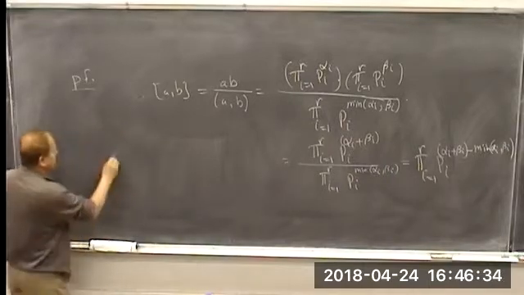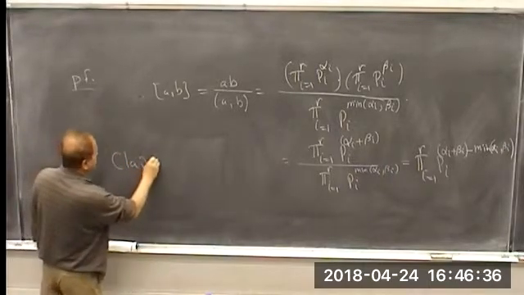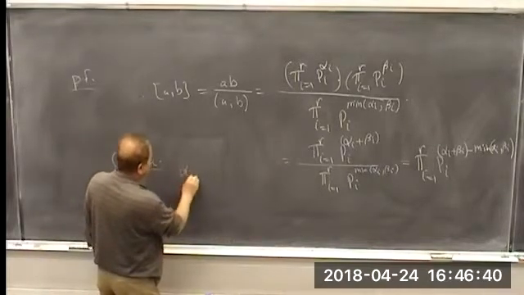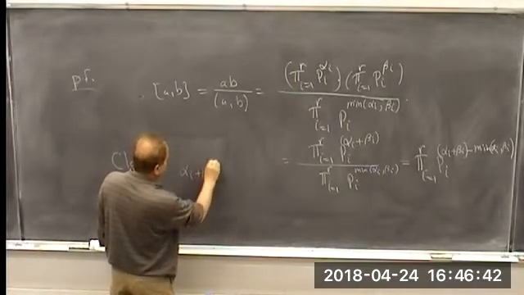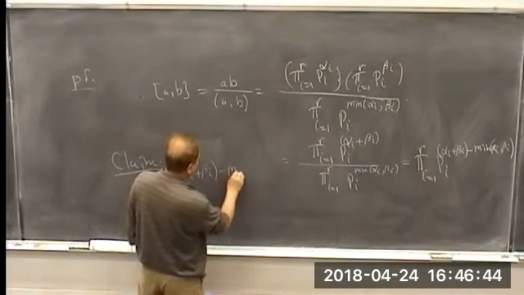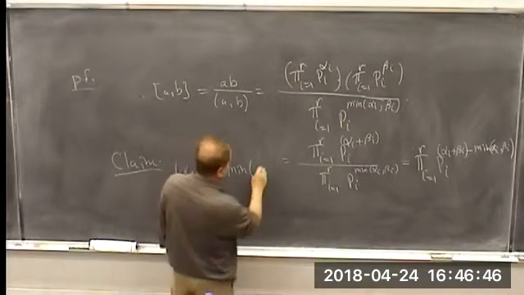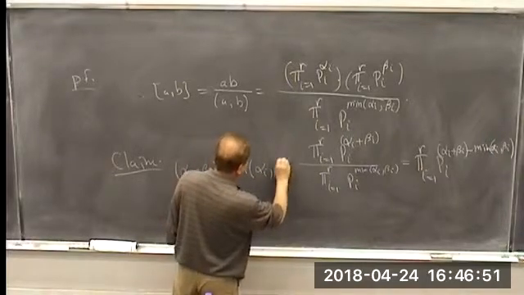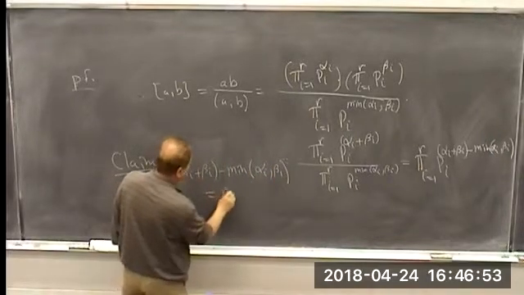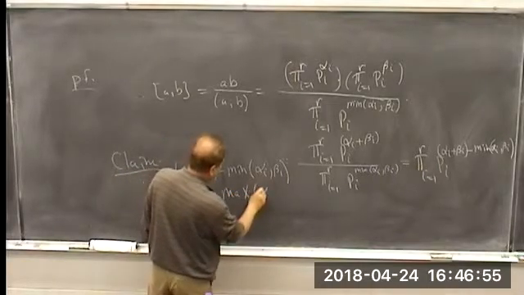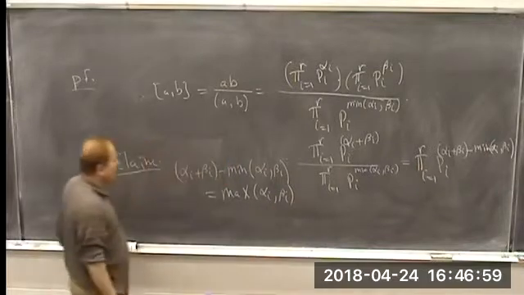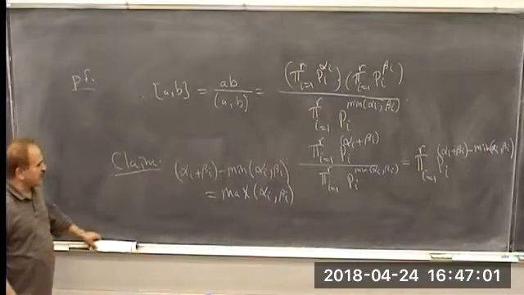So the last thing is a claim: alpha_i plus beta_i minus the minimum is equal to the maximum of alpha_i and beta_i. To prove this, we can drop the i.